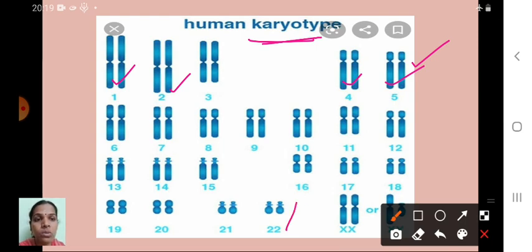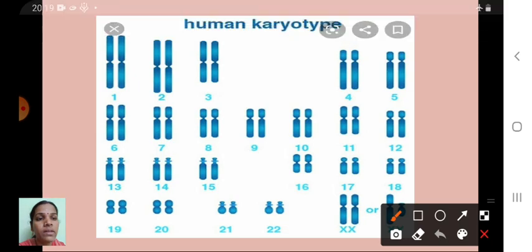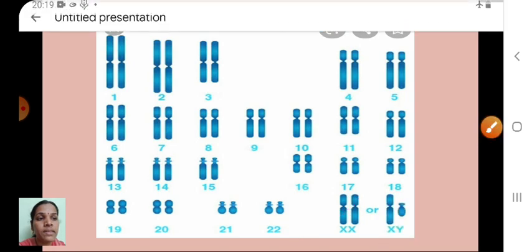So 22 pairs, and the last one, see here children, this pair is the 23rd chromosome, the sex chromosomes, that I will teach you now. In total, how many? 23 pairs of chromosomes. So 22 pairs, and the last one is the 23rd, the sex chromosomes.